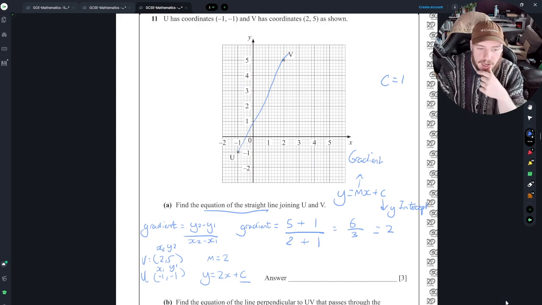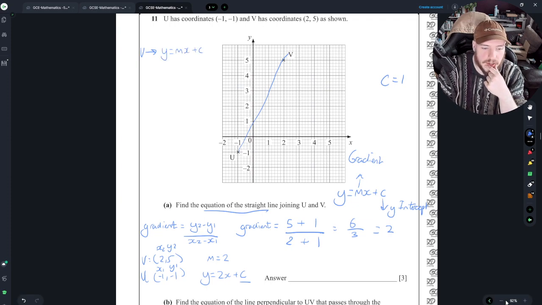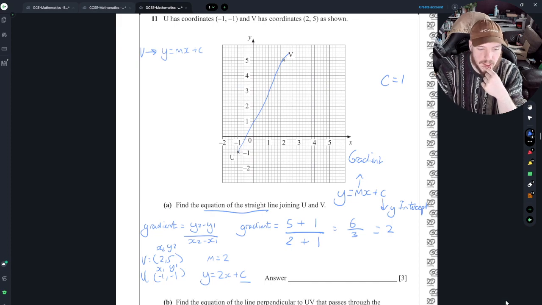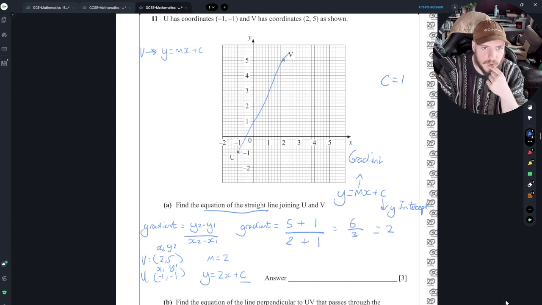I'm going to choose V. So I'm going to put V into y is equal to mx plus c. So V is 2 for x, 5 for y.